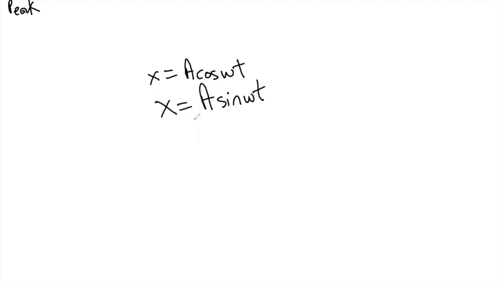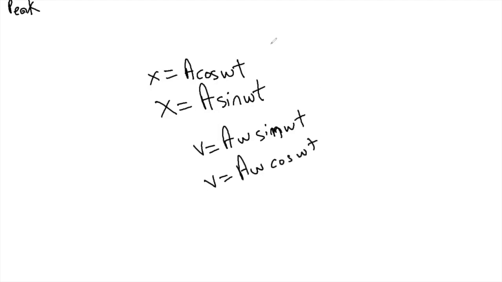So where did this come from? How in the world is my displacement A sin omega t? Isn't it supposed to be V is equal to A omega sin omega t? But the truth is, even for velocity, you're going to see that sometimes they say that velocity is A omega cos omega t. Well, there's a reason for that, and I'm going to tell you what the reason is.